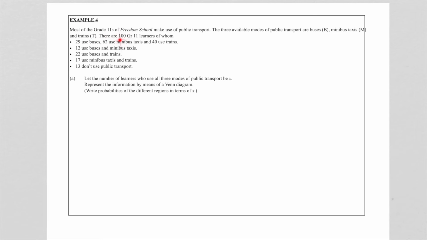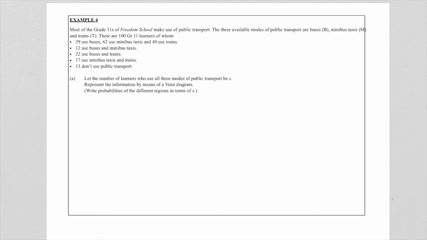There are a total of 100 grade 11 learners, of whom 29 use buses, 62 use minibus taxis, and 40 use trains. 12 use buses and minibus taxis, 22 use buses and trains, 17 use minibus taxis and trains, 13 don't use public transport. So you will agree when we look at that 13 that doesn't use public transport, that will be outside.